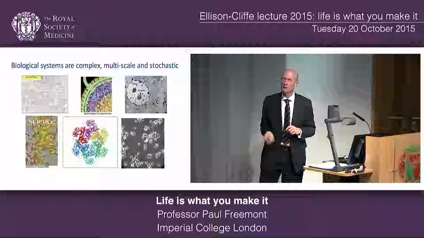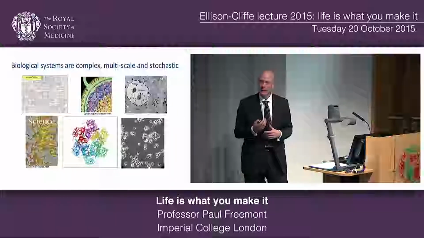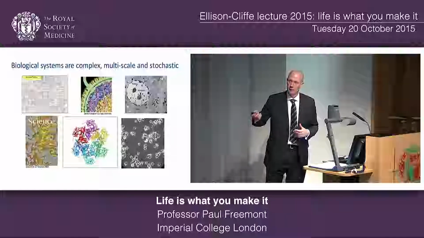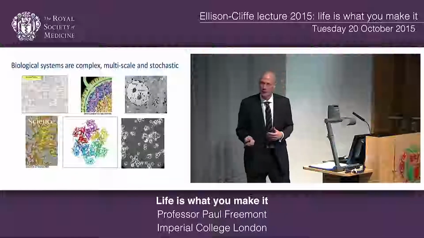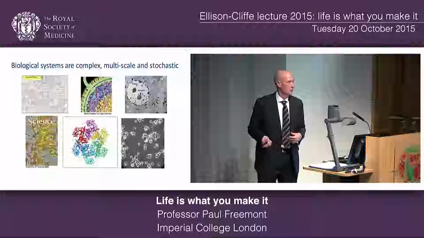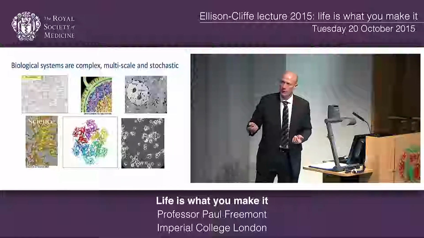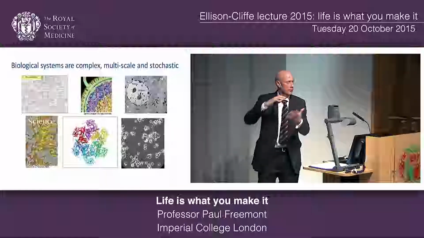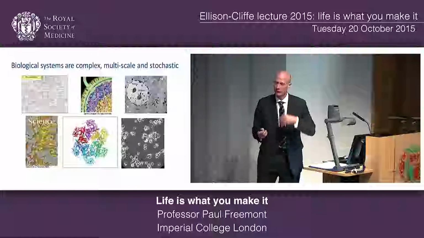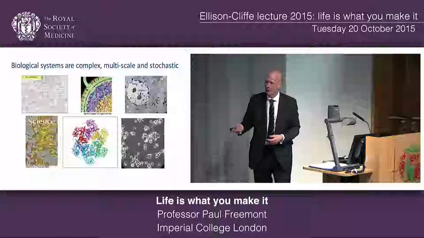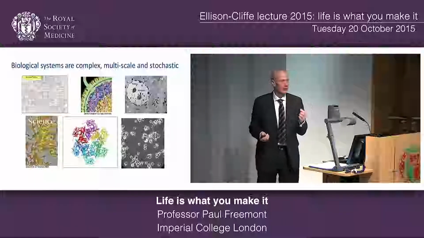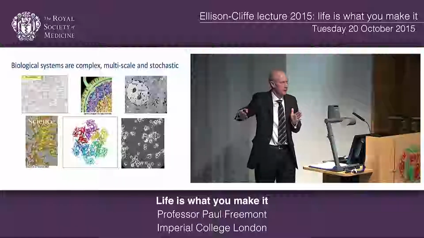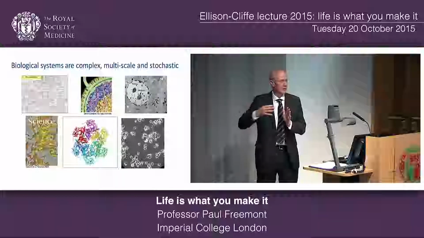They're multi-scale and they're stochastic, or random. And you can see on this slide, we've got metabolic pathways for a simple bacterial cell, very, very complicated. We've got compartmentalization, we've got protein structures at atomic resolution, we have cells that are firing genes at different times, and we have this little fact about life, time. Living systems live, so they have a dynamic component to them.